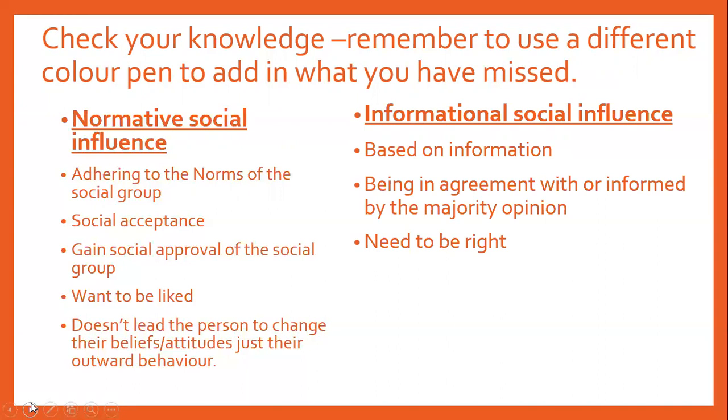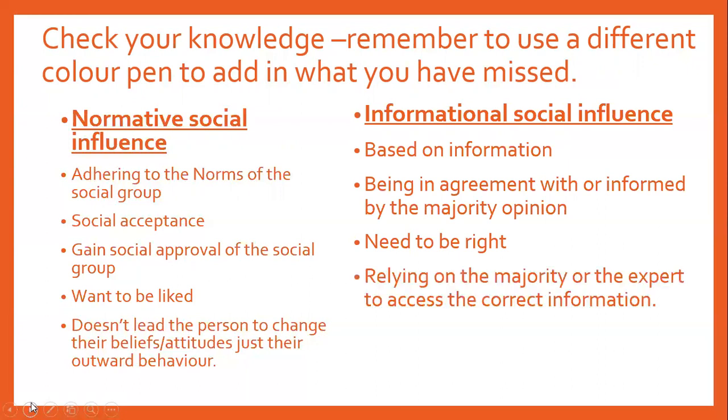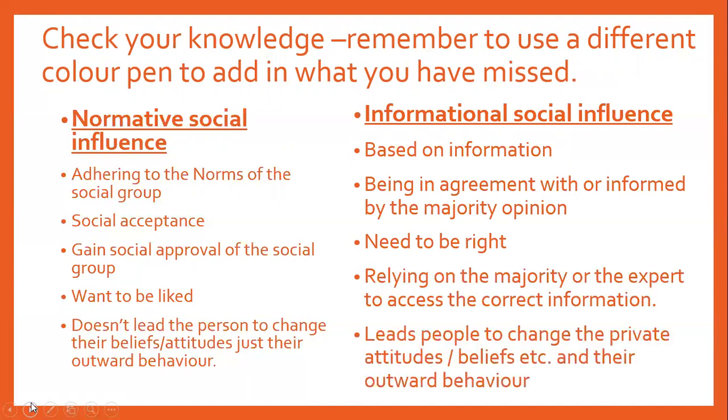And if you do, you're doing it because you need to be right. You have this longing or this want to be right. You want to do the right thing. So you're relying on the majority to give you this information because you see them as being the expert. And it's the expert that's going to give you access to this correct information. And this explanation, informational social influence, leads a person to changing both their public behavior, so what's seen on the outside, but also their private behavior, their internal behavior.